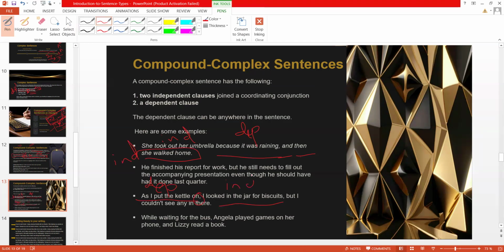This is an independent clause, comma, and sorry, but is again the coordinating conjunction. I couldn't see any in there. This is an independent clause. So what we have here is dependent clause, independent clause, and then again an independent clause. So it is not necessary that we should have a dependent clause in between. I know it's a bit complex.